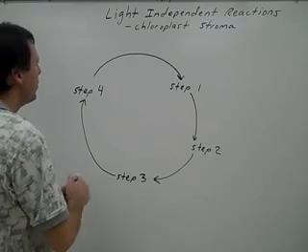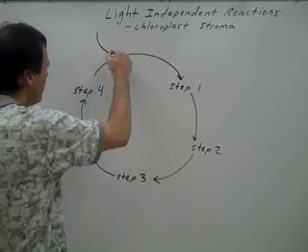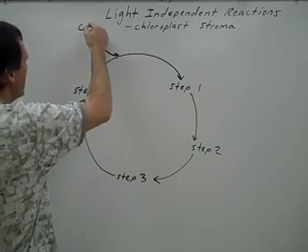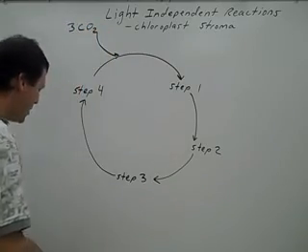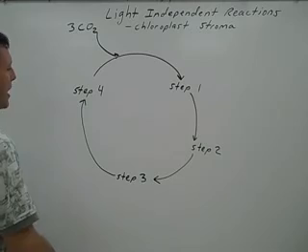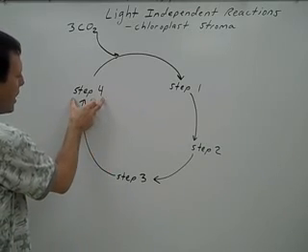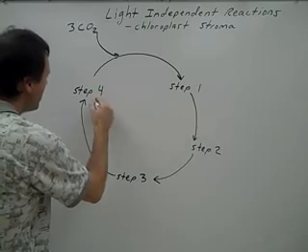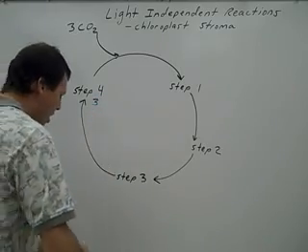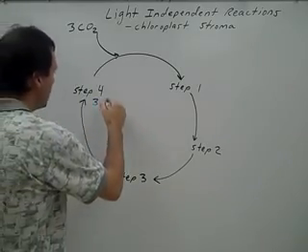We're going to start up here with 3 molecules of carbon dioxide coming into our cycle. Those 3 molecules of carbon dioxide are going to react with step 4 here, which consists of 3 molecules of RuBP.